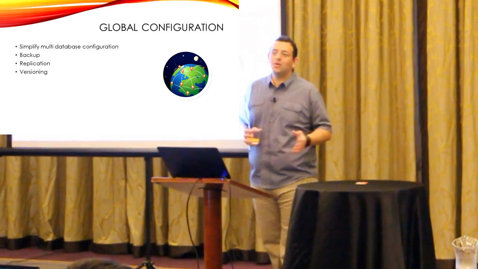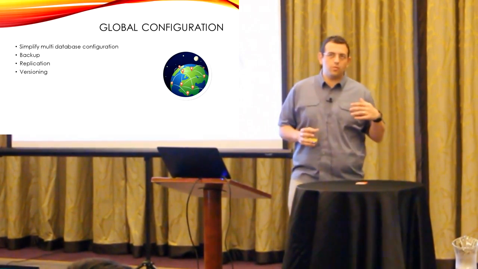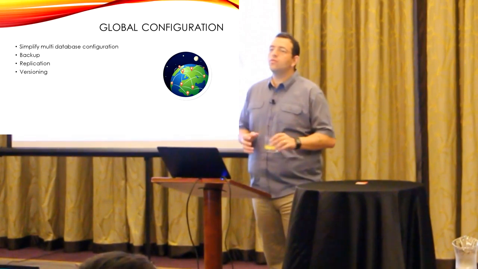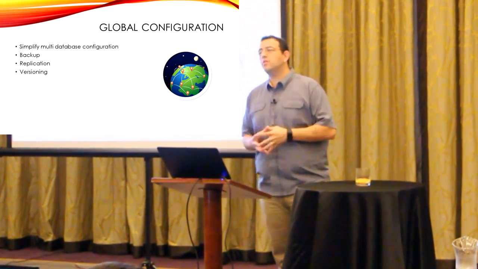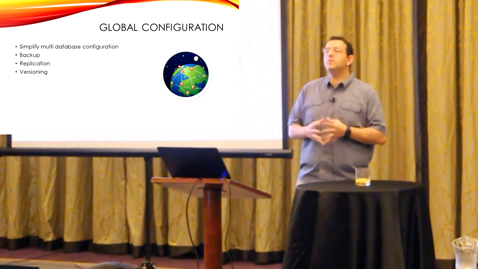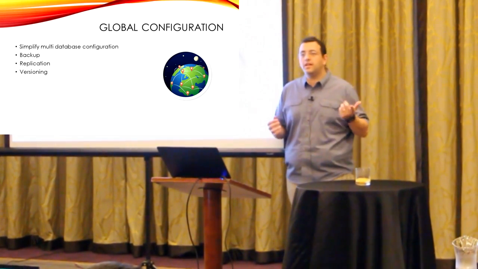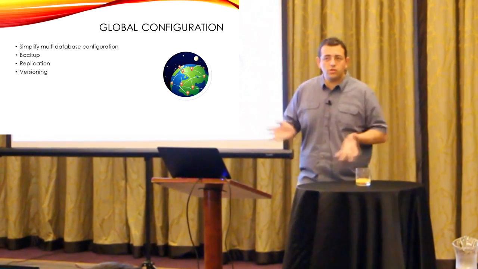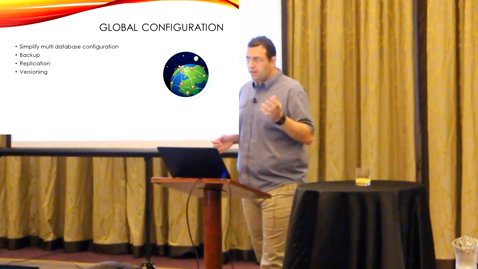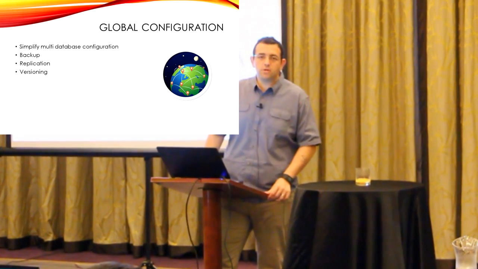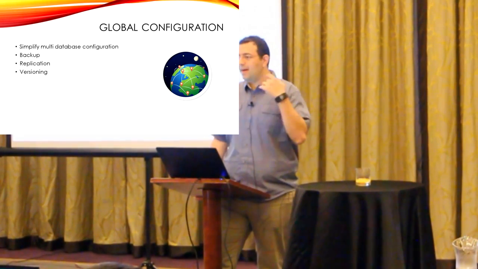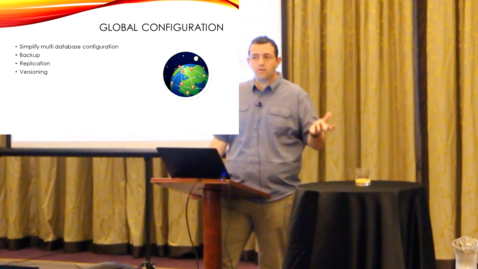The next thing that we wanted to deal with in operations was the notion of global configuration. In many cases, we have users that run RavenDB servers to host a single database, because that's the application database. What we found is that in many cases, we also have people who run many databases on the same server, one per application that uses RavenDB.